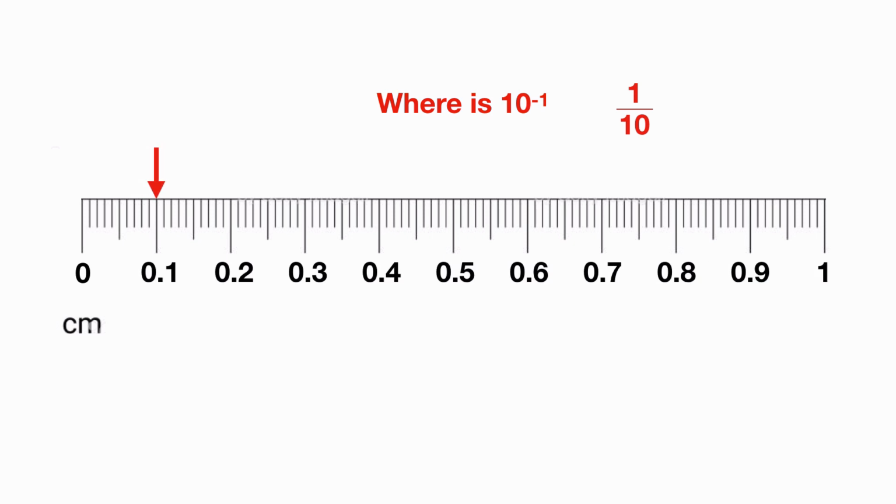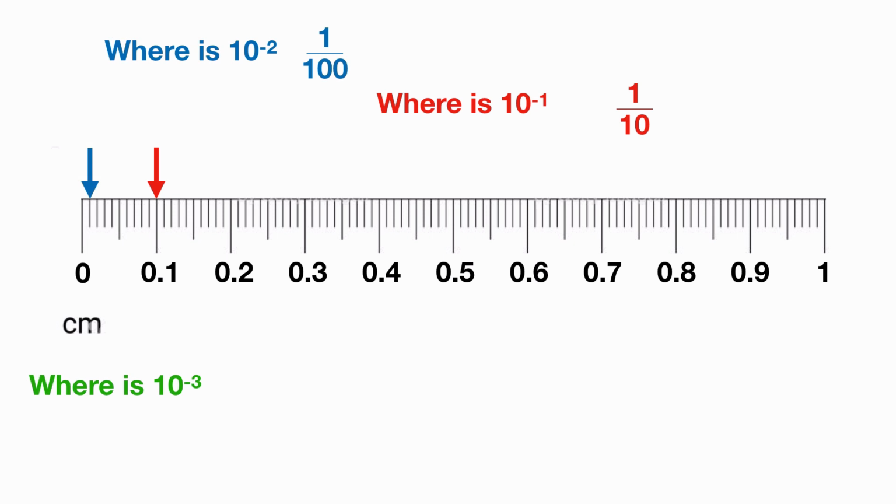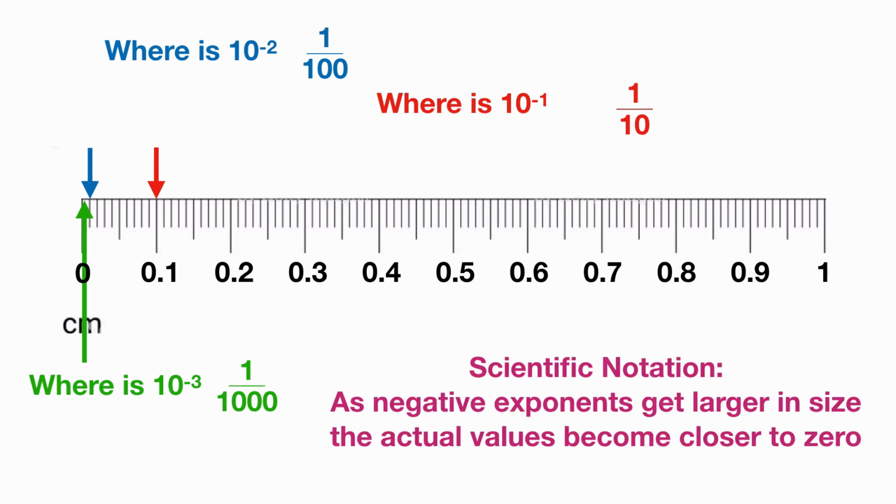Where is 10 to the negative 2? Well, that's 1 over 100, so the arrow would be pointed here. And let's go even further. Where's 10 to the negative 3? Well, that's 1 over 1,000. That's going to be really, really close to 0. So as your negative exponents get larger in size, the actual values get closer and closer to 0.